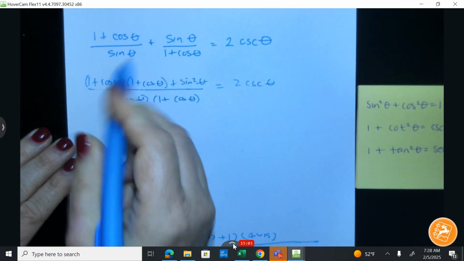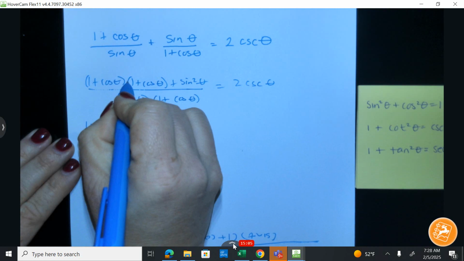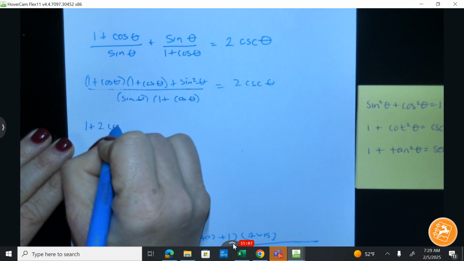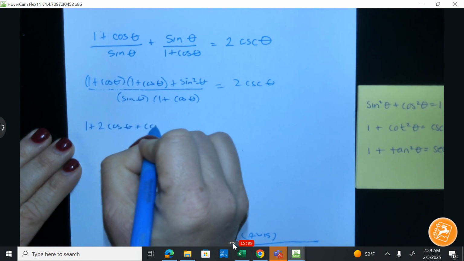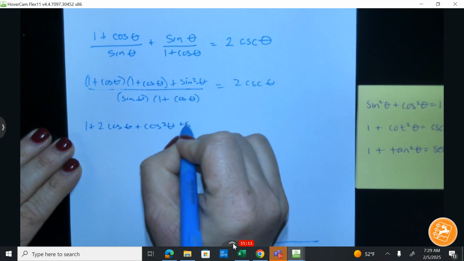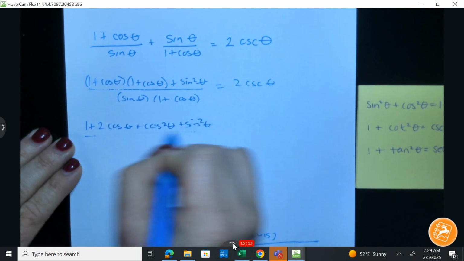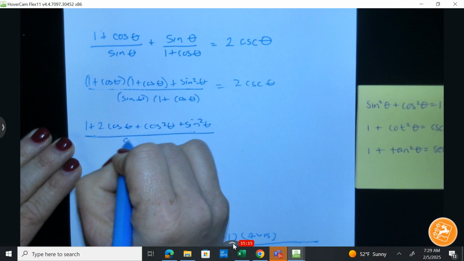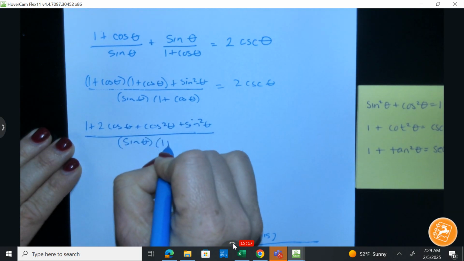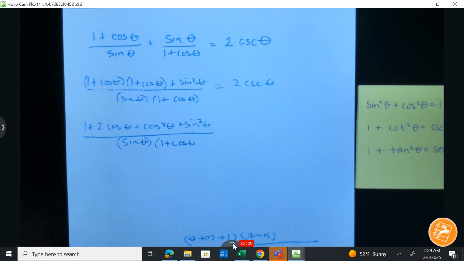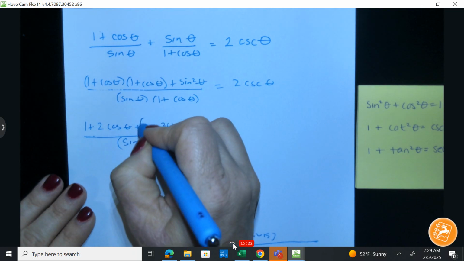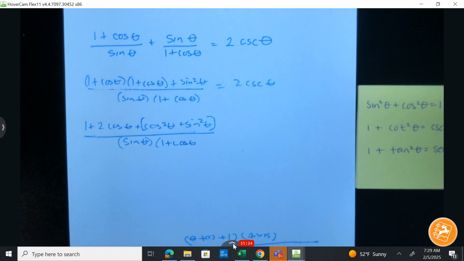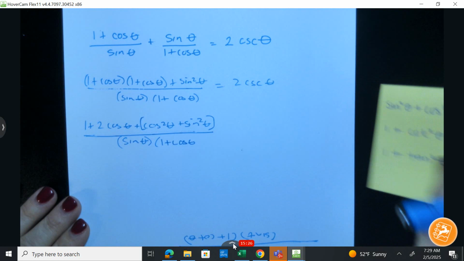Let's FOIL this out. Okay, there's 1 cosine and 2 cosine, so 2 cosine theta plus cosine squared plus sine squared all over sine of theta times 1 plus cosine. Well, I already see that I have cosine squared plus sine squared.